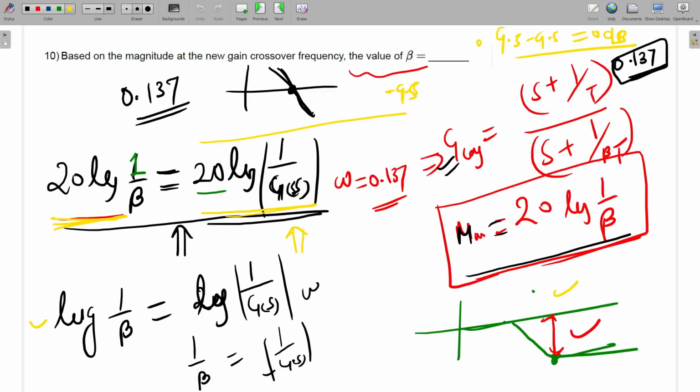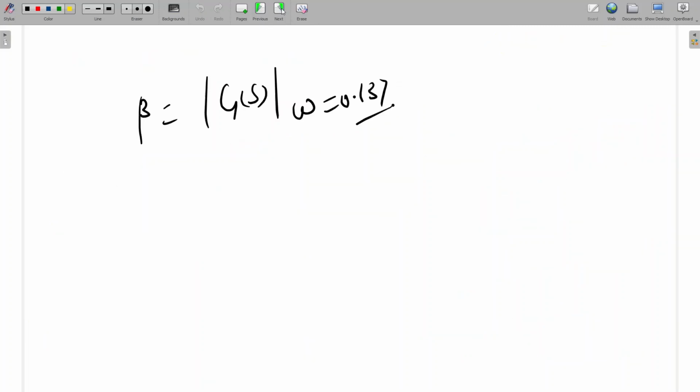This beta value I am designing for this compensator. This beta will be such that the amplitude of the actual magnitude plot will become 0 at 0.137. So from here we can calculate the beta value. Magnitude of 1 by beta will be equal to magnitude of 1 by GS, and beta will be equal to magnitude of GS.